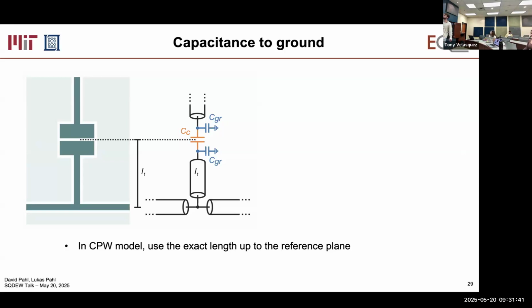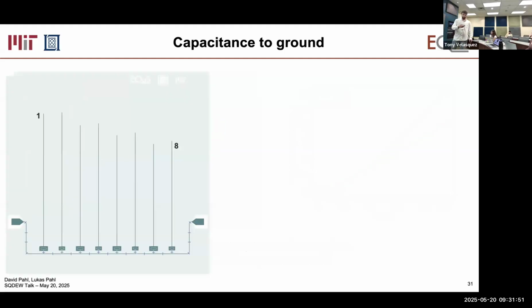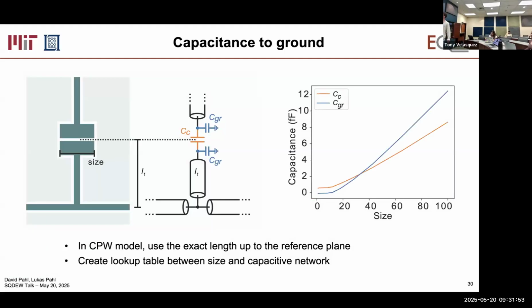And then the transmission line going up, you have to count its length starting from the reference plane going up. Right? That's how you do this accurately. And what's also cool about this approach is we can just repeat that simulation for different sizes. So now we sweep the size of your coupler and repeat this whole analysis.